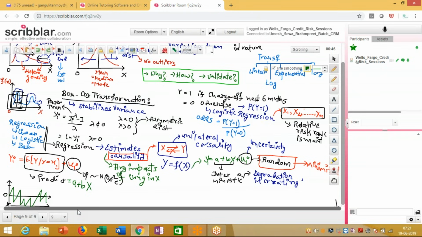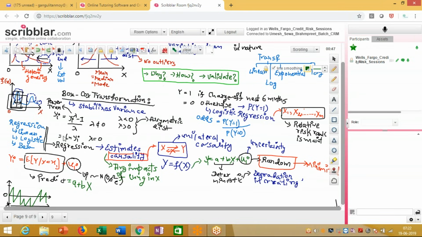So the first question that comes out over here is what should be the key characteristics of the dependent variable and the independent variable. What is exactly the distribution of this variable yi?